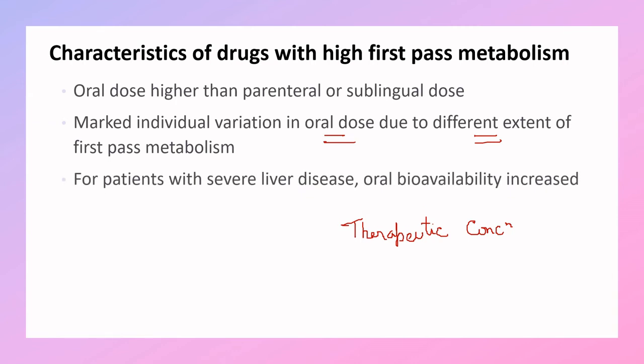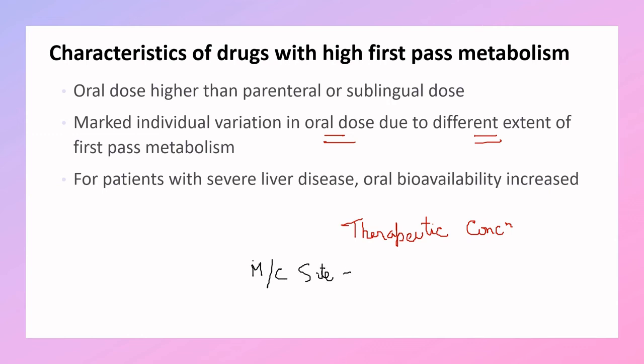And the third point is that for patients with severe liver disease, oral bioavailability is increased. You can understand it very clearly. We all have studied that the most common site of first pass metabolism is the liver.